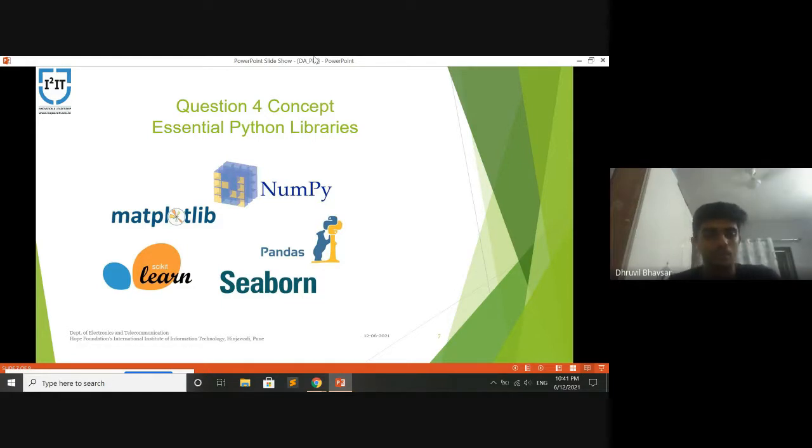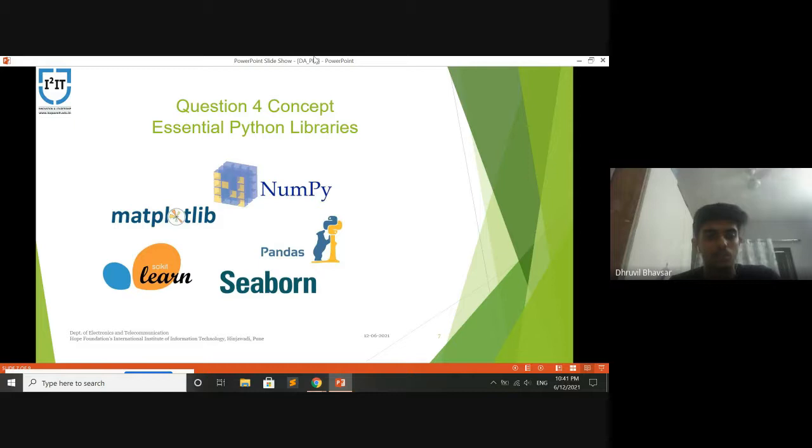Next is SciPy. SciPy is another popular Python library for data science and scientific computing. SciPy provides great functionality for scientific mathematics and computing programming. SciPy contains sub-modules for optimization, linear algebra, integration, interpolation, and special functions.